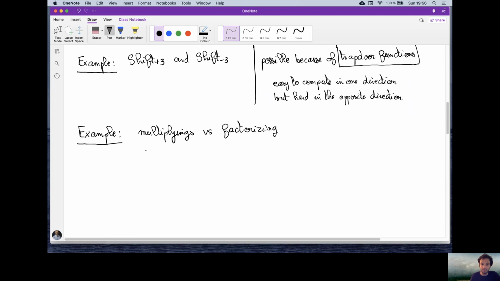Multiplying is very easy, and factorizing is very hard. To be more precise, multiplying prime numbers between them is very easy, and yet having the result and factorizing into prime numbers is very hard.